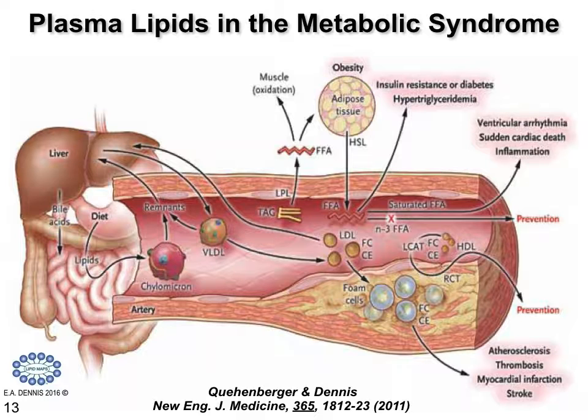Understanding the metabolic syndrome and metabolic diseases requires a thorough understanding of the lipid components and their role in metabolism and disease.